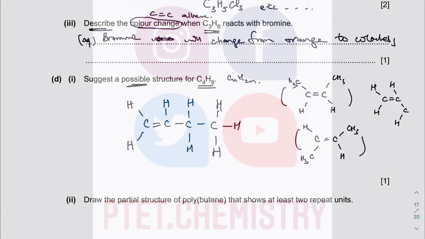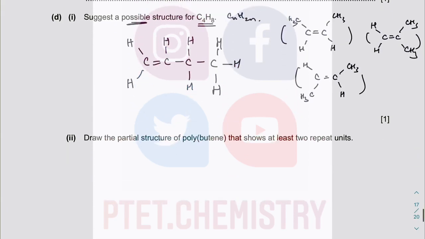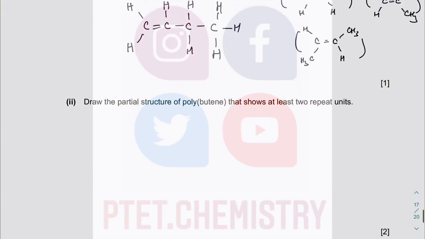What's the other one? Oh yeah, I can think of the other one now. Where you have a CH3 and a CH3 on one side. Okay. It will make more sense when you go to A-level chemistry, really.